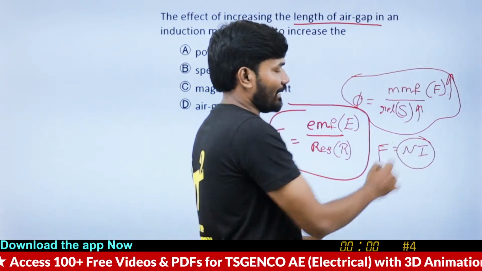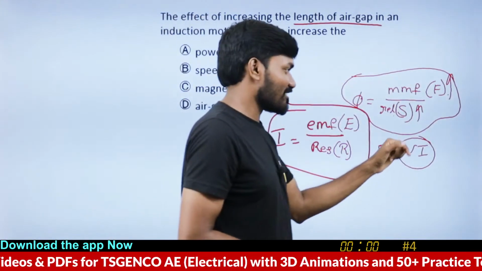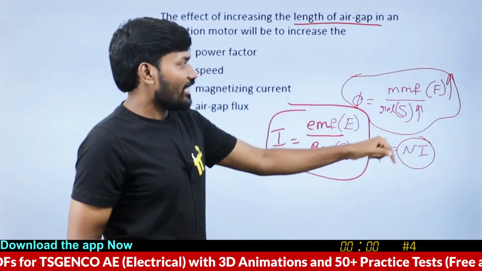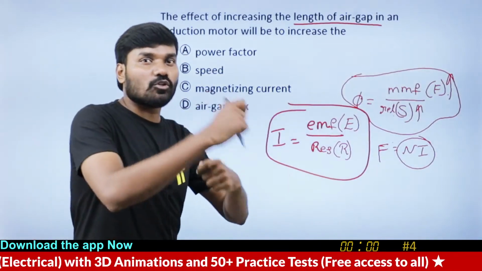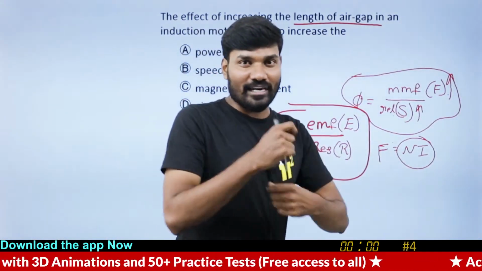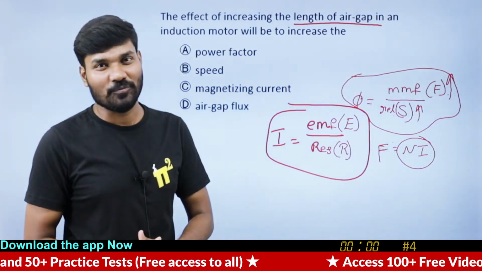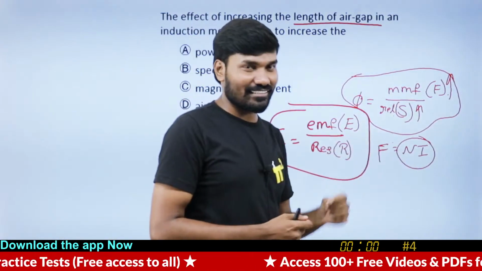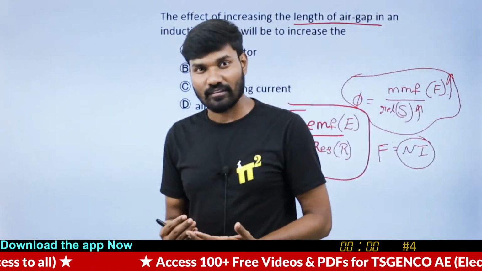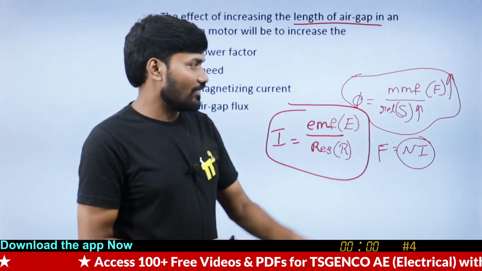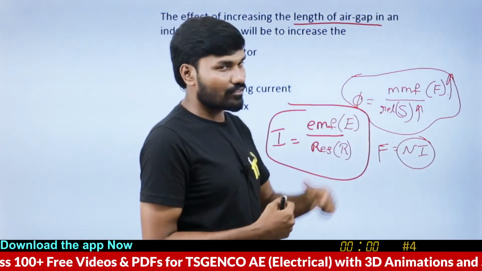One is N. N means, is it speed? No, number of turns. So if air gap is high, the motor should wind more turns on its own. Is it possible? No. Number of turns is a design factor. At the time of design, you can do that. Motor cannot do it by itself. Then what is the leftover thing? Current. It will draw more current to have the same flux.